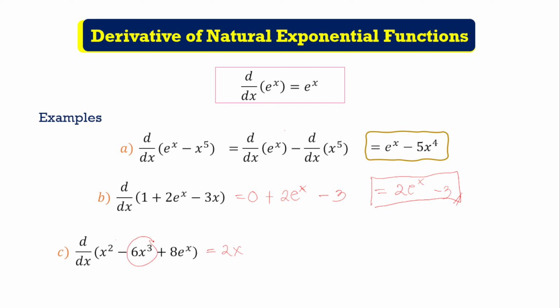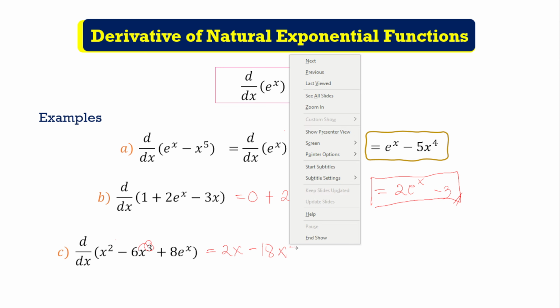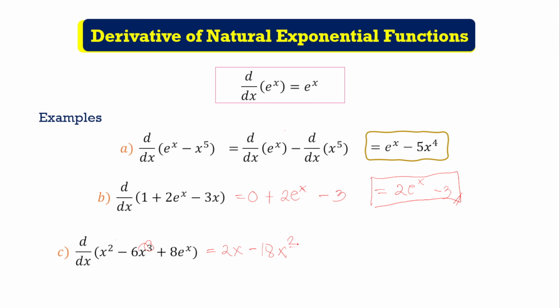Minus the derivative of 6x raised to 3: 3 times 6 is 18, then copy the variable, subtract 1 from 3, becomes 2, right? Next, plus the derivative of 8 e raised to x, which is itself, 8 e raised to x. So that's the final answer.